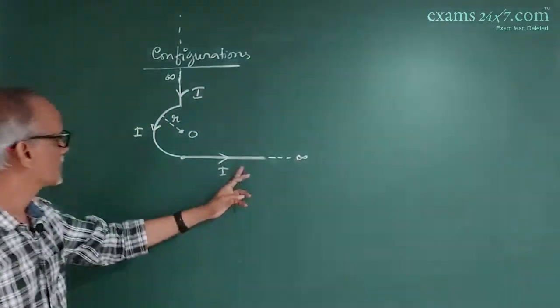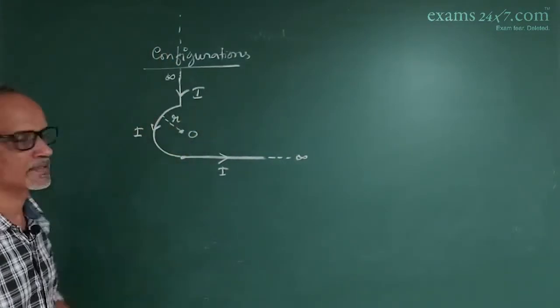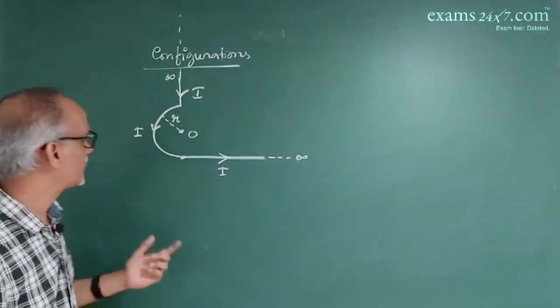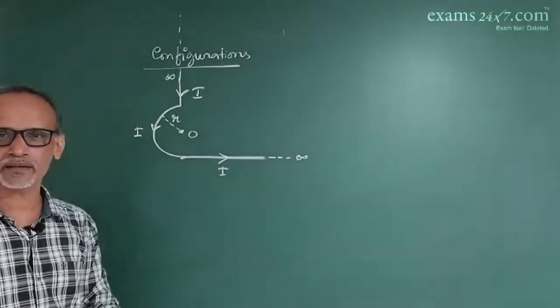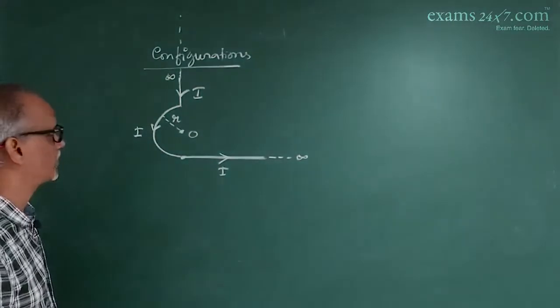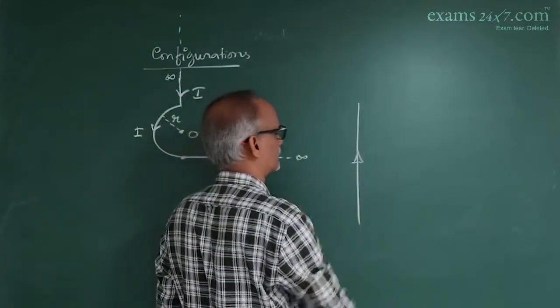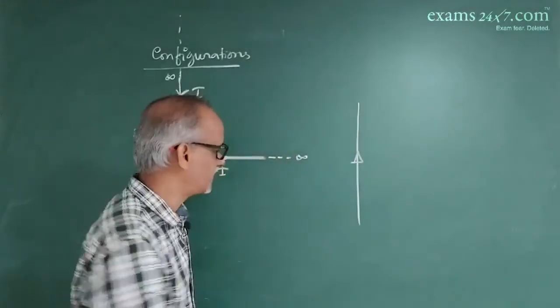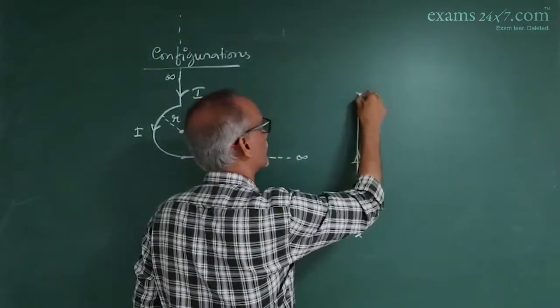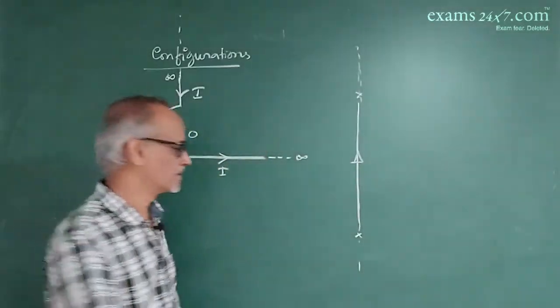Now we have three parts here: one straight conductor, another straight conductor, and a semicircular coil. We have to find three magnetic fields, and then based on the direction, find the resultant magnetic field at that point. When we consider a straight conductor, the magnetic field at any point along its length is always 0.